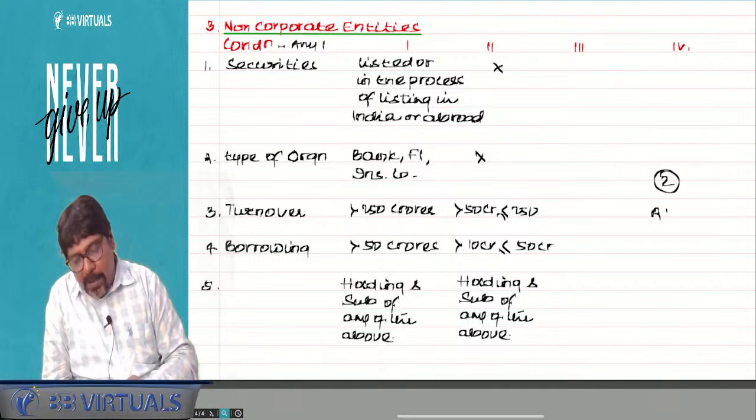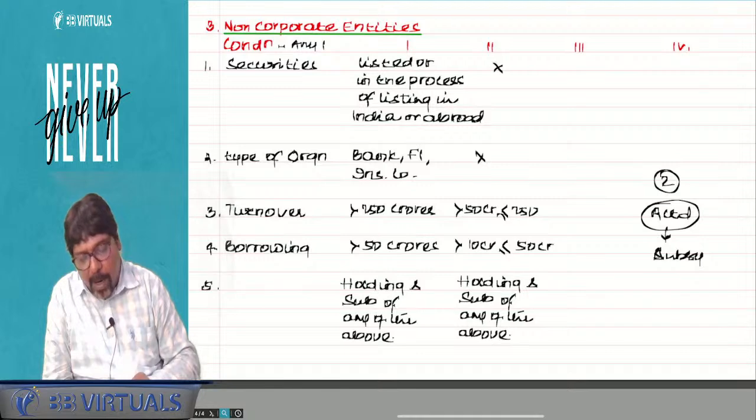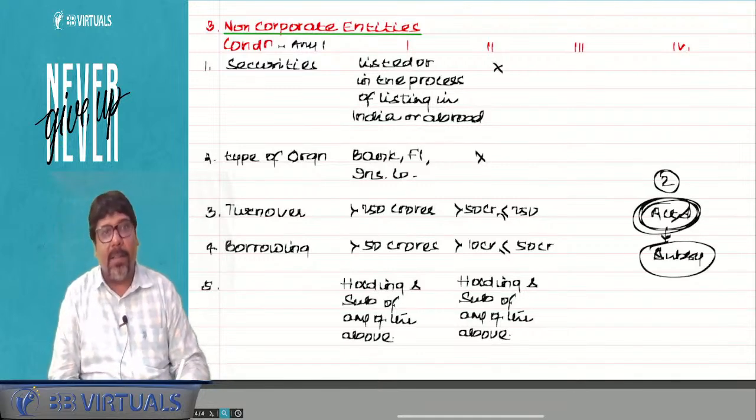Suppose A Limited is level 2. If a subsidiary of A is level 1, then A will also be level 1.